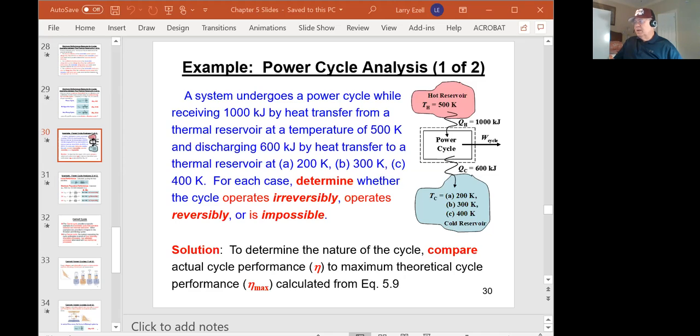And if we're talking about a refrigeration system, that's QH. This is QC, and you have net work input, something like that. But of course, draw it.